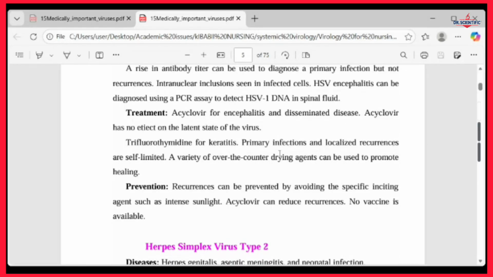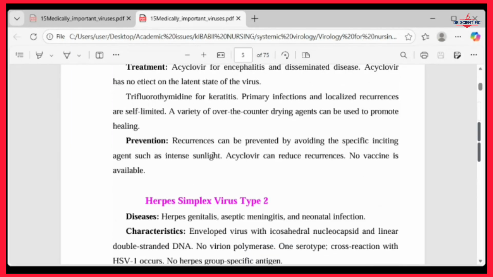This acyclovir has no effect on the latent state of the virus. It cannot penetrate the cell to go and kill the virus. If that drug did so, it would also kill the host cells and therefore affect the immune system.